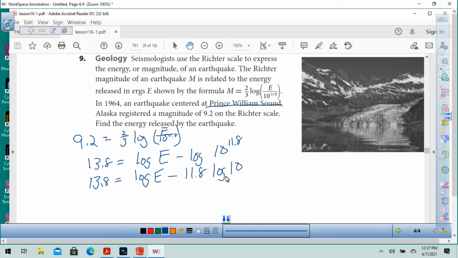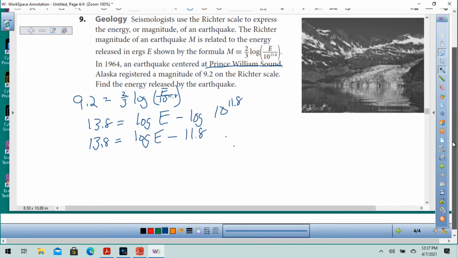Well, log with the unspecified base is log base 10, so log 10 here is 1. 11.8 times 1 is just 11.8. So now I'm going to add 11.8 to both sides, and that gives me 25.6 equals log E.